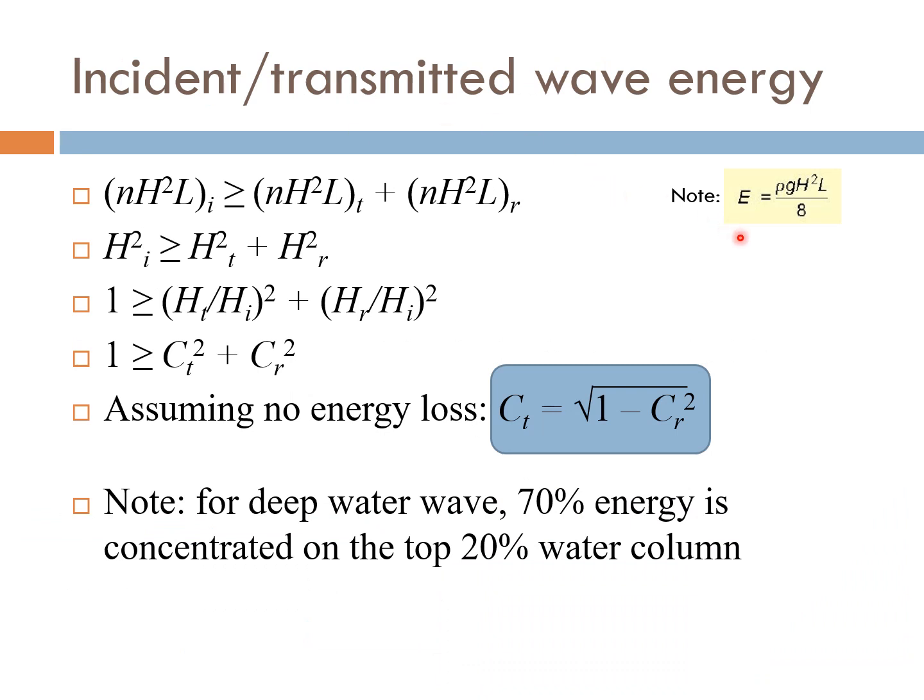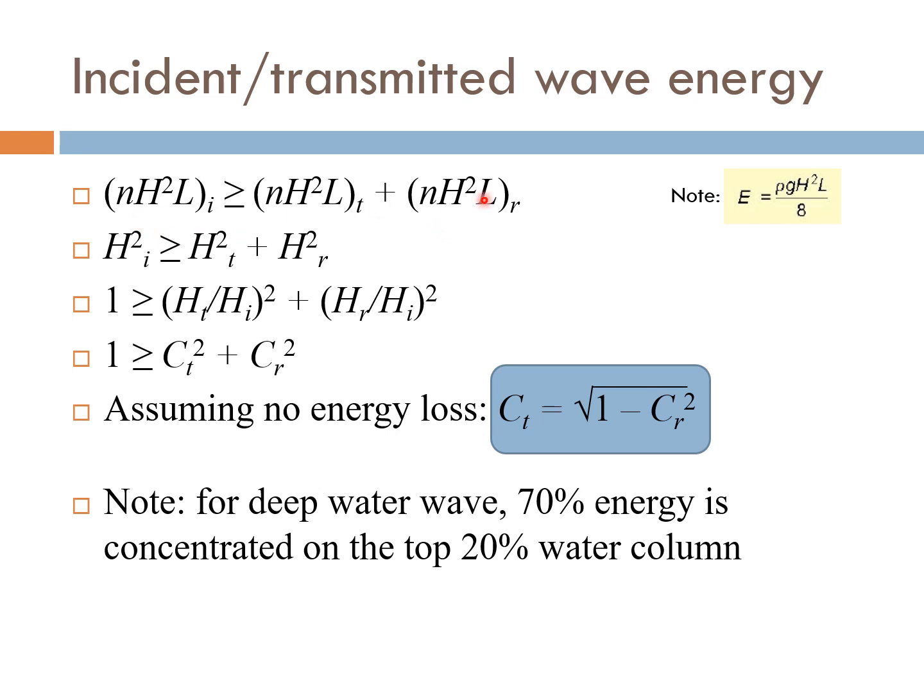Recall that the wave energy can be written in this form, whereby it is proportional to the square of the wave height and the wavelength. So we can write the total amount of incident wave energy to be equal or larger to the transmitted wave energy plus the reflected wave energy.